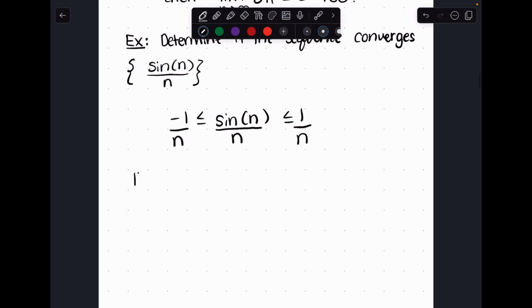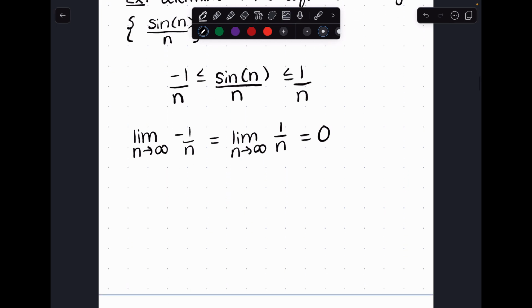Well, if I evaluate the limit as n goes to infinity of -1 over n or +1 over n, both of these come out to 0. Well, since I have that this sequence lies between these other two sequences that do converge, my sequence sine of n over n must also converge.